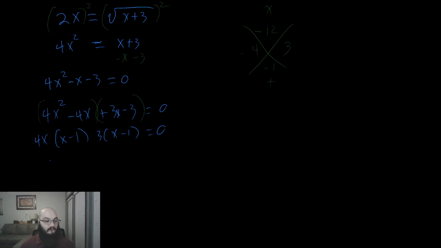Regrouping our factors, 4x plus 3 and x minus 1. So our two roots that we're working with are going to be x is equal to negative 3 over 4, and x could also be equal to a positive 1.